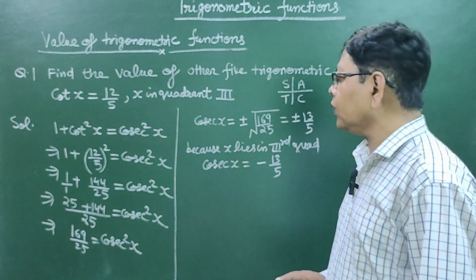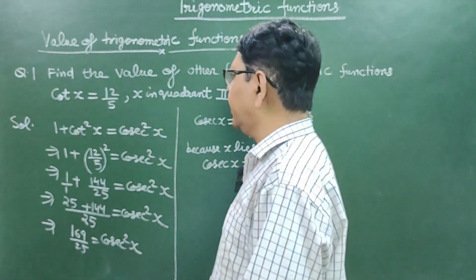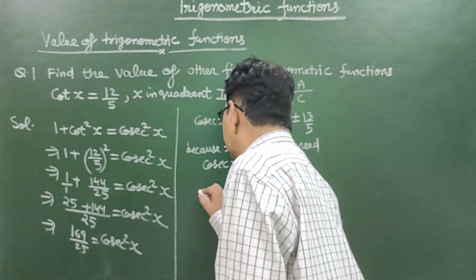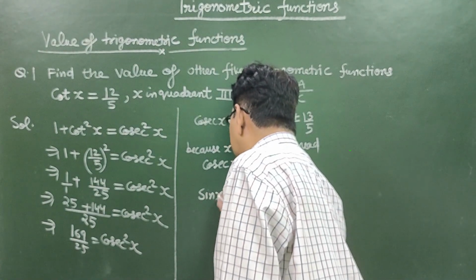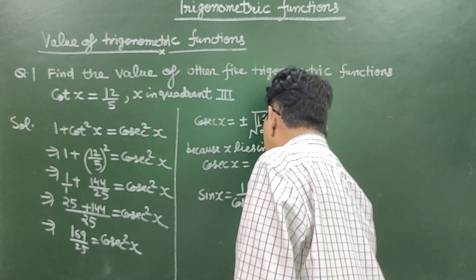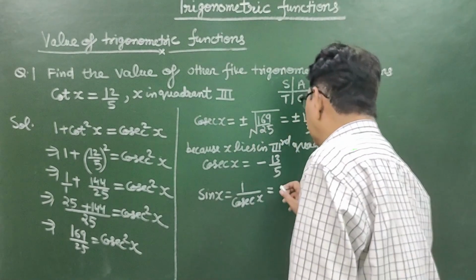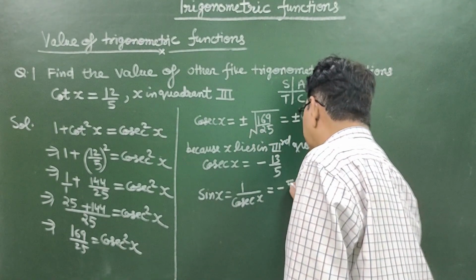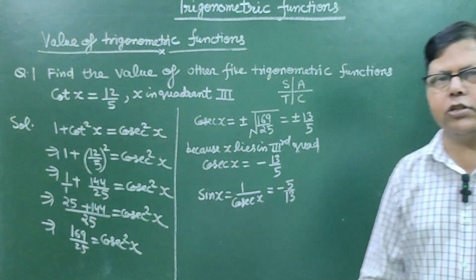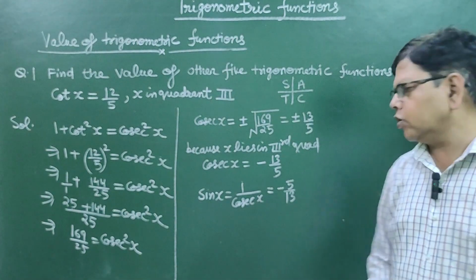Now cot x we already have and cosec x is here, so I can find sin x. Sin x is the reciprocal of cosec x, so the value will be equal to 1 upon minus 13 upon 5, which gives sin x is equal to minus 5 upon 13.